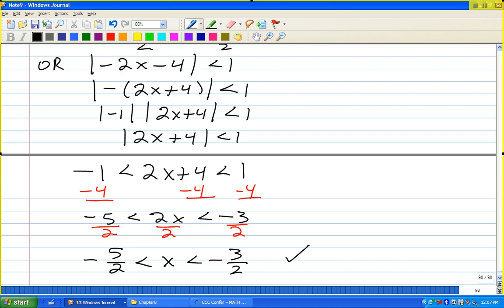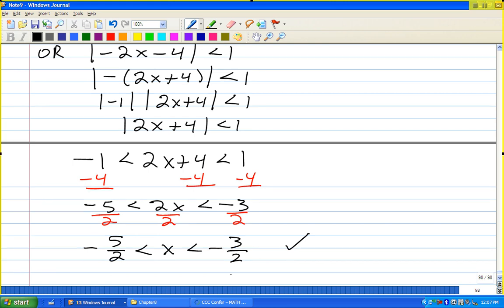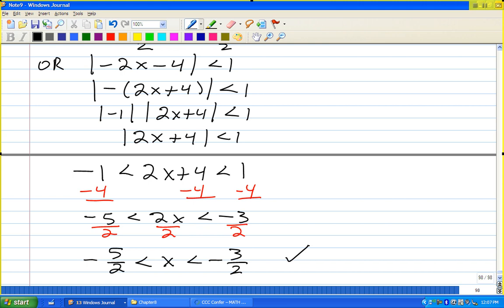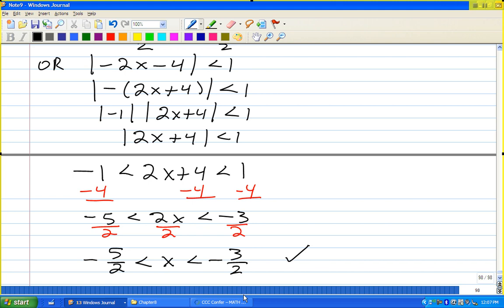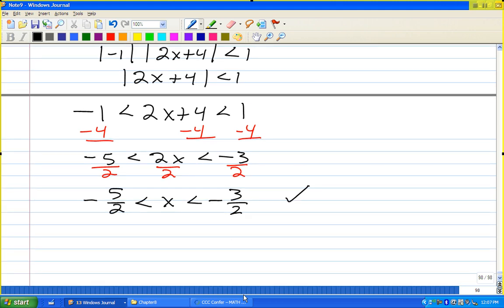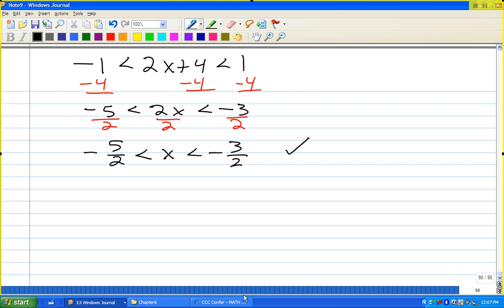Let me do problem number 36. Any questions about this? Okay, let me do problem number 36. Absolute value of 2x plus 3, plus 5, less than or equal to 6.